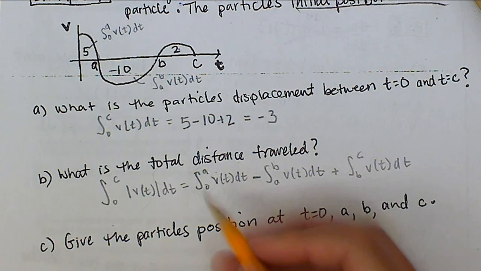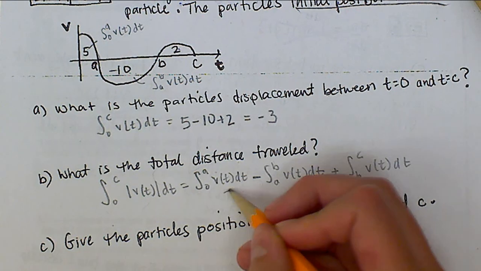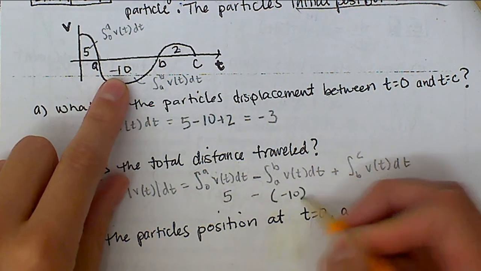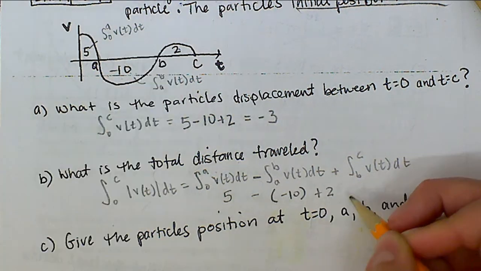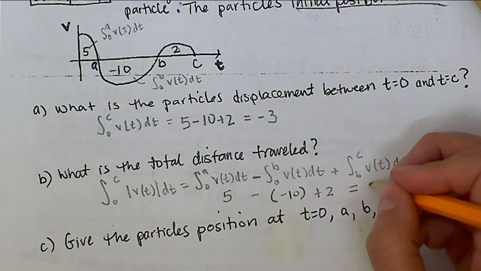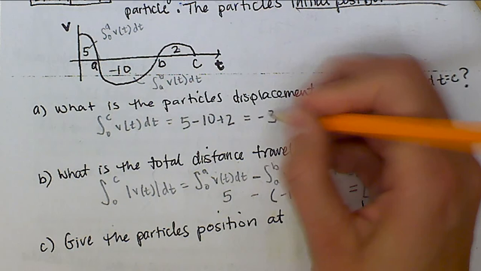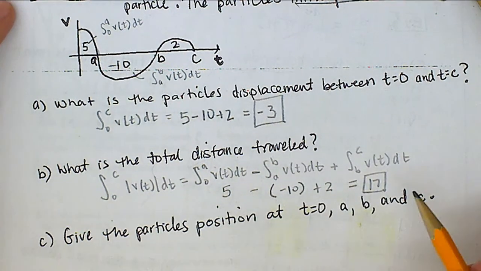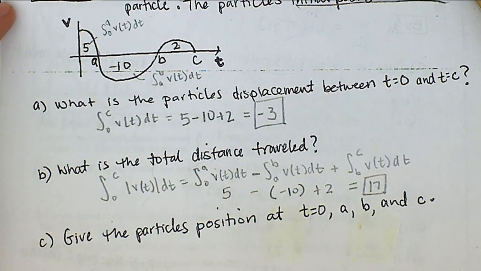This integral is equal to 5 minus -10 plus 2, which is 5 plus 10 is 15, plus 2 is 17. So overall, this particle did a lot of movement: 17 units.